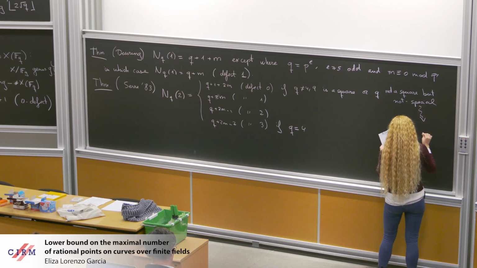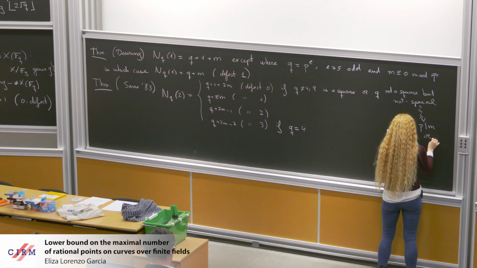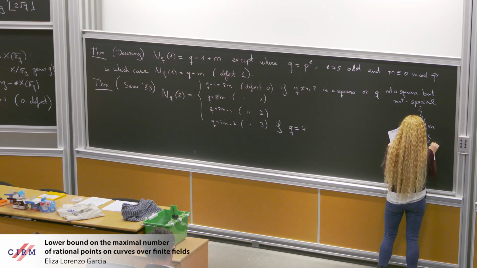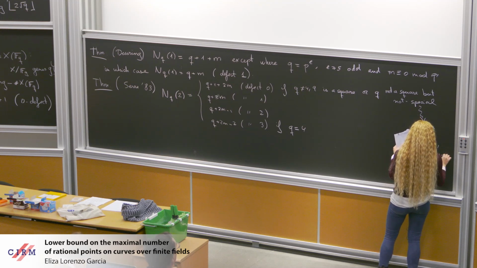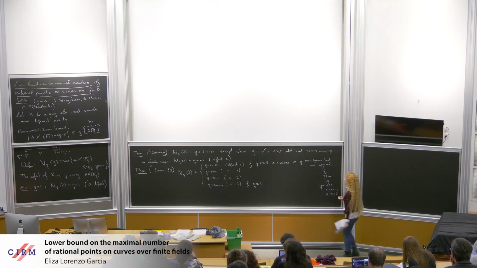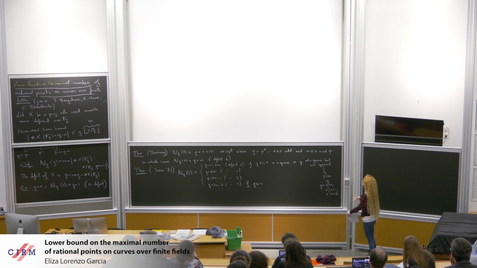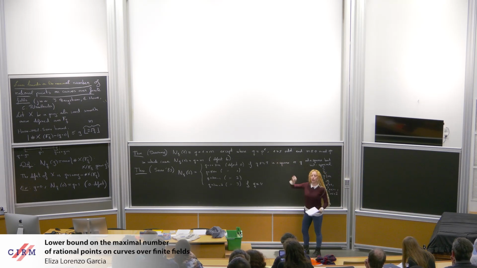Special means that p divides m, or that q can be written in any of these shapes. But if it's not special, or it is a square different from 4 and 9, then we get defect 0. So we really get the maximum in the interval.